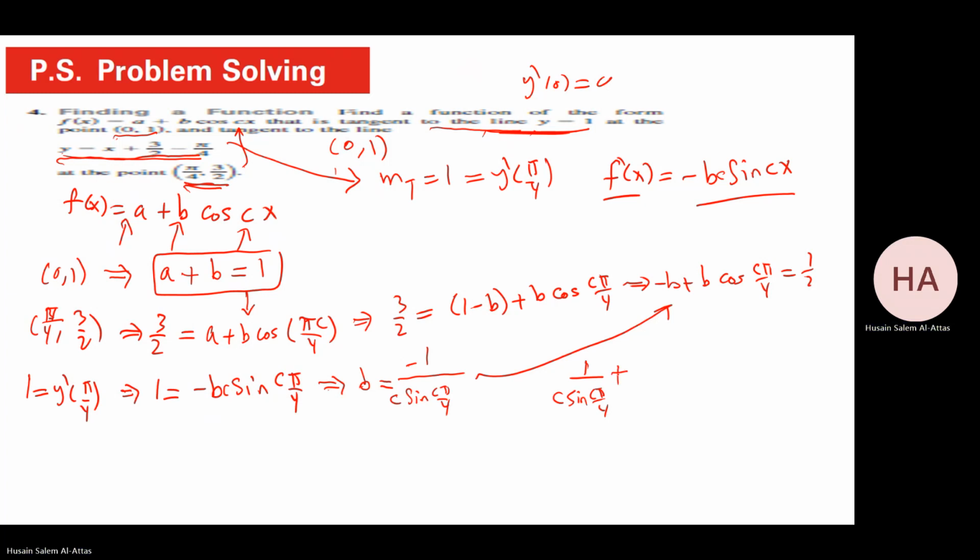plus, minus 1 over c sine c pi over 4 times cosine c pi over 4 equal to half.